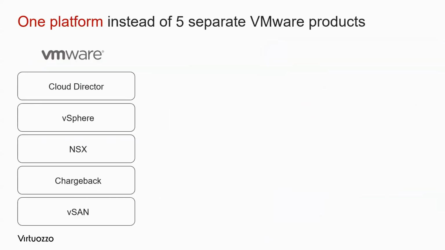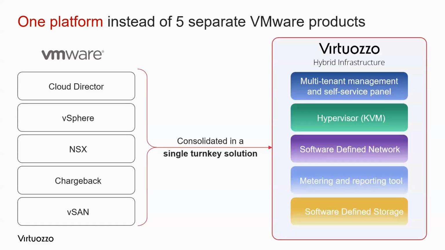So now, because we know what happened with the Broadcom acquisition of VMware, we are all aware that VMware is providing a very good platform, but we are the true alternative to the VMware cloud platform, because when we talk about the VMware platform, we are talking mainly about 5 separate products that we actually combine in a single solution.